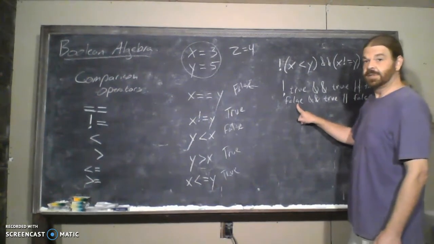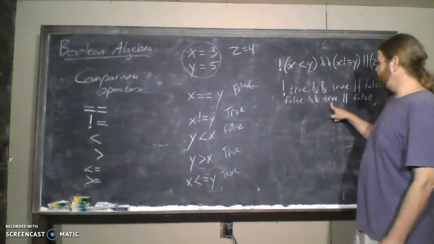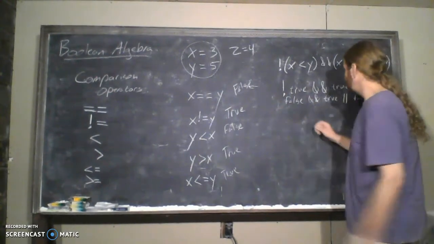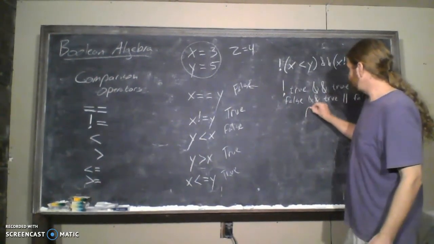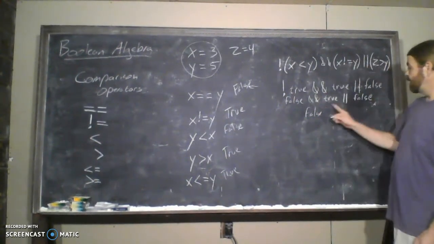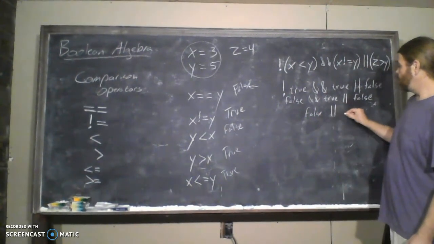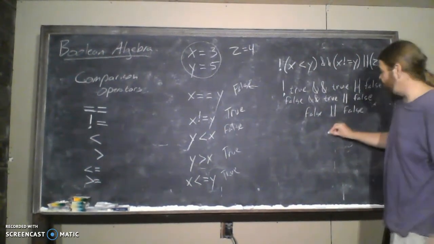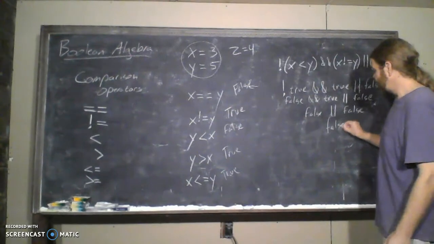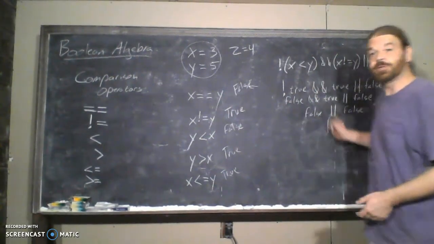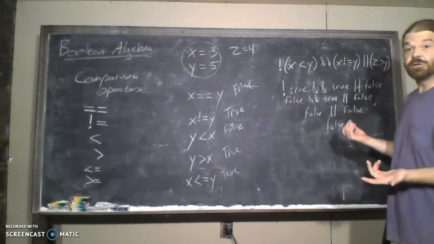False and true, well, and is inclusive, so false and true is going to be false, because we go left to right again. So false or false, and false or false will be false. So our end result comes down to false.